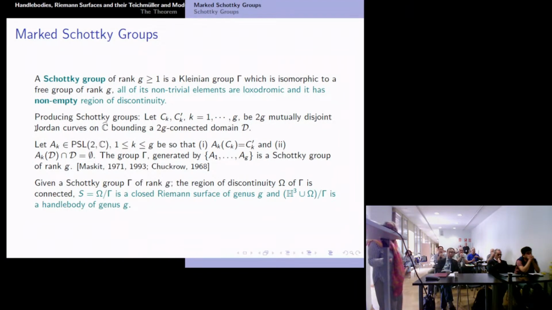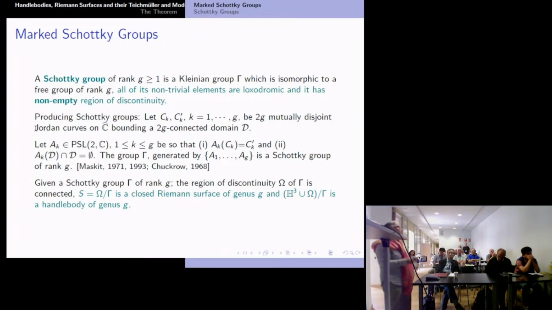The group is a Kleinian group which is isomorphic to the free group of rank g, which means that they have only loxodromic elements. We have seen them a number of times already, and this is, for instance, Maskit's construction.